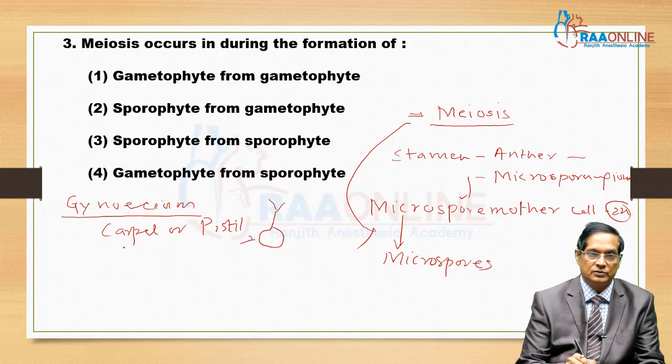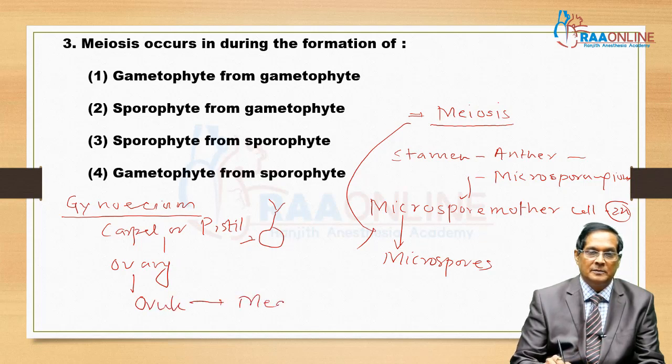This swollen base is known as the ovary, and within the ovary the ovule is present, and in the ovule the megaspore mother cell is present. That cell divides by meiosis to form megaspores. So the answer is quite clear.